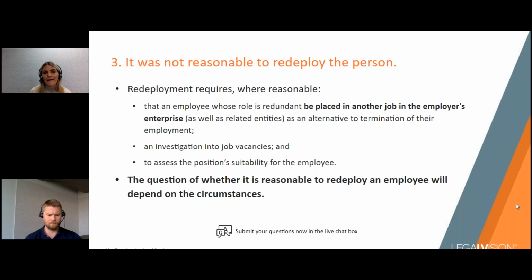So it will often require a bit of investigation on your end as to whether there are any possible job vacancies, and also conducting an assessment of the suitability of any available positions to the relevant employee. So whether it's reasonable to redeploy an employee will always very much depend on the relevant facts and circumstances of any matter.